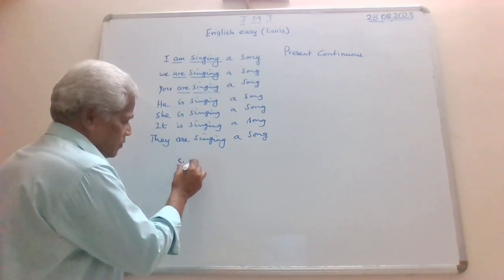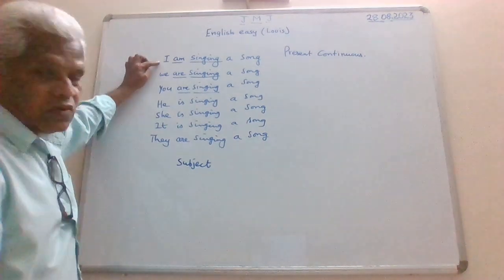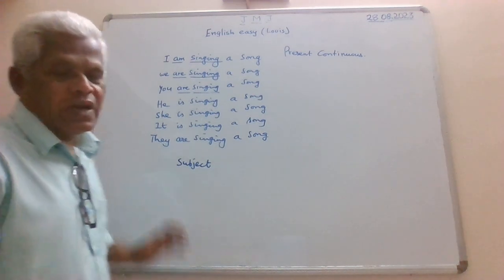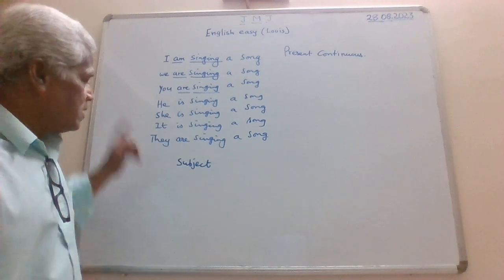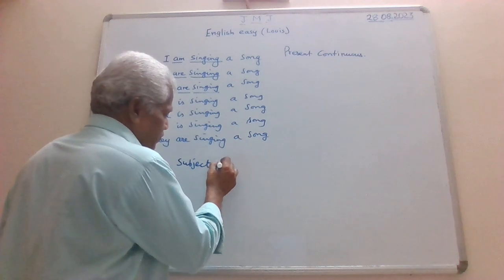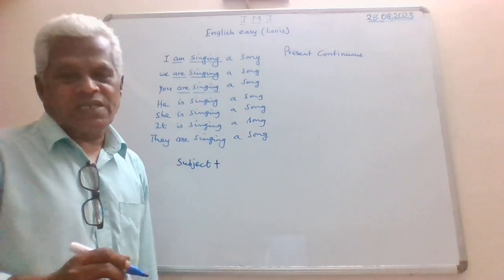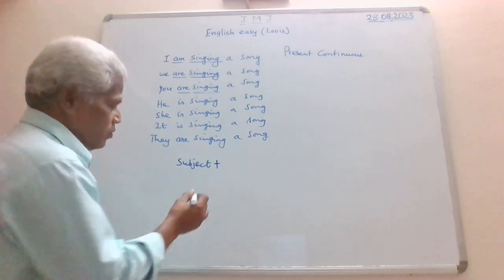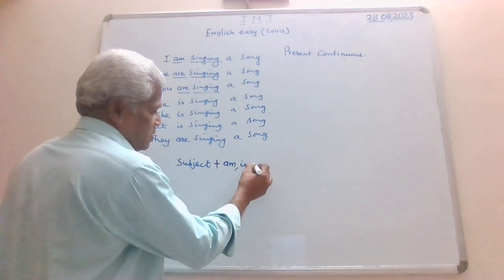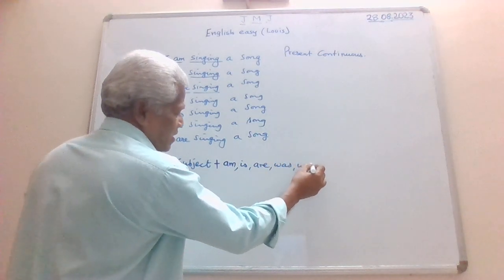First of all, you have the subject. So what could be the subject there? The subject could be any one of these subjective pronouns, or any proper nouns, or any other nouns you can have for subject. So remember subject, and then you have the auxiliary verbs for continuous tenses. Now what are these auxiliary verbs? It could be am, is, are, was, or were.